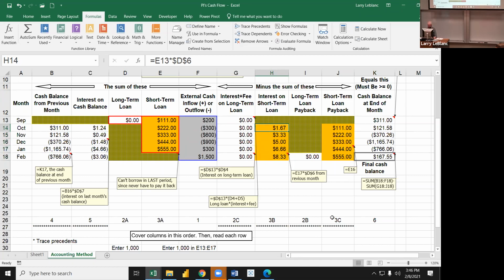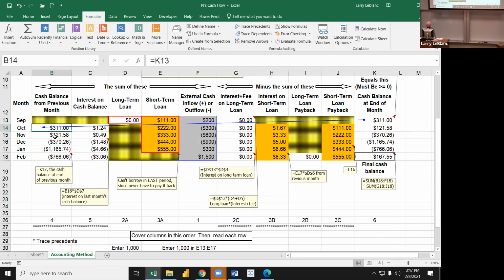So now we've gone through 3C, 4, 5, and 6. The beginning of the month, I'm looking now at B14, 15, 16, is simply the cash balance at the beginning of October is simply the cash balance at the end of the previous month, September.